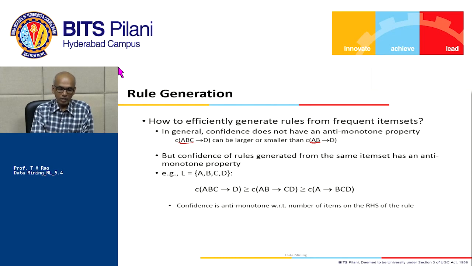But if you are generating the rules using all the terms, that is the difference. In this case, we generated a rule which did not have one of these terms.